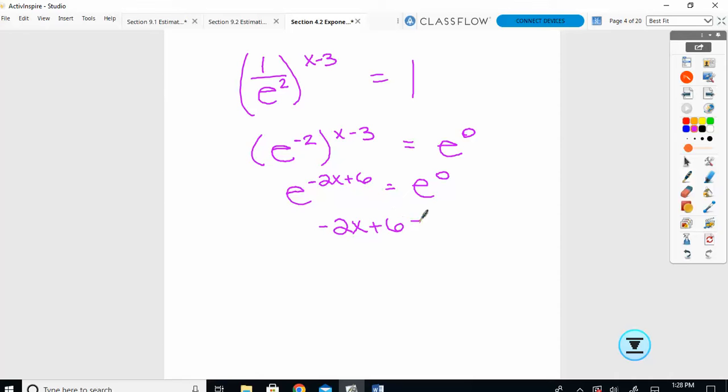So negative 2x plus 6 equals 0. We get x to be 3. Any questions about that one?